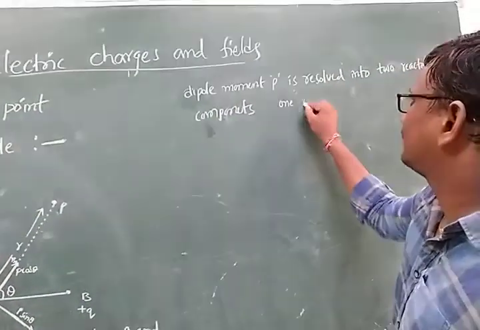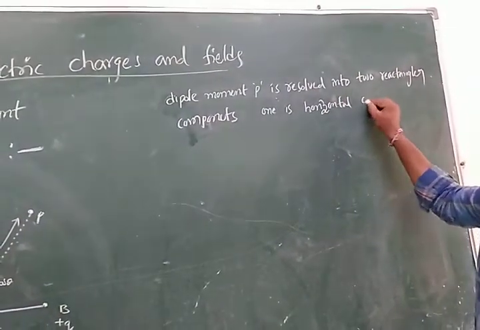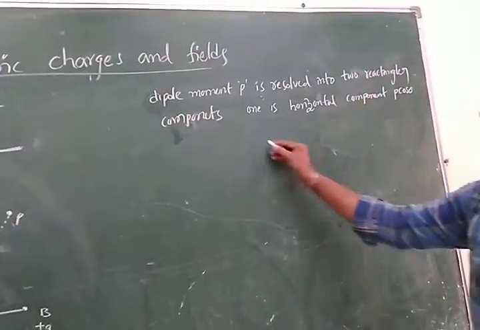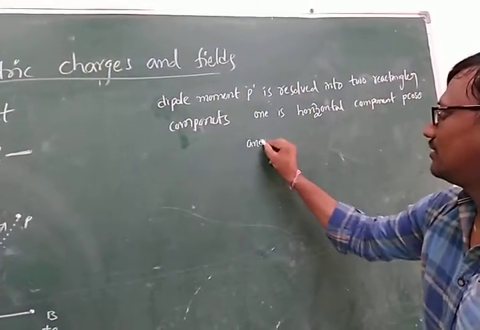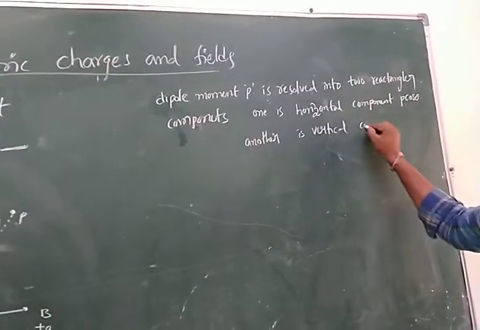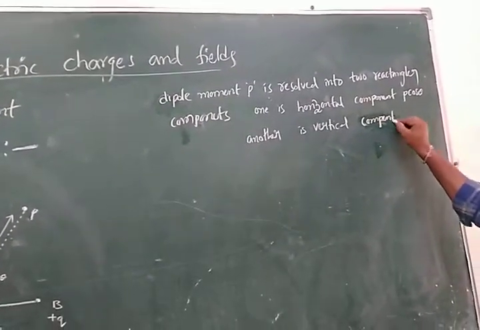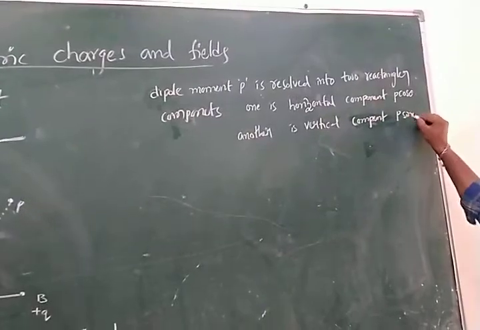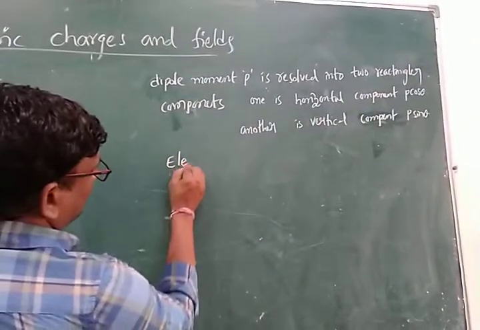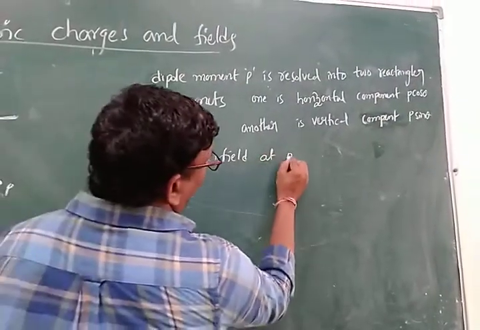One is the horizontal component, p cos theta, and the other is the vertical component, p sin theta. Now the electric field at point P.